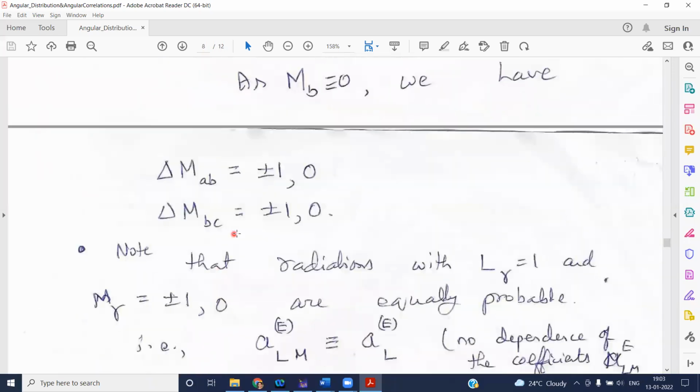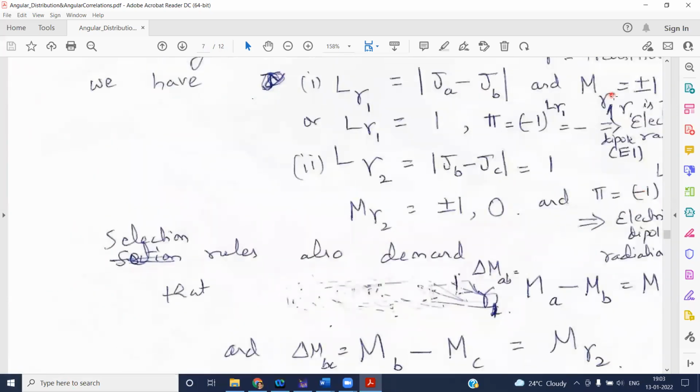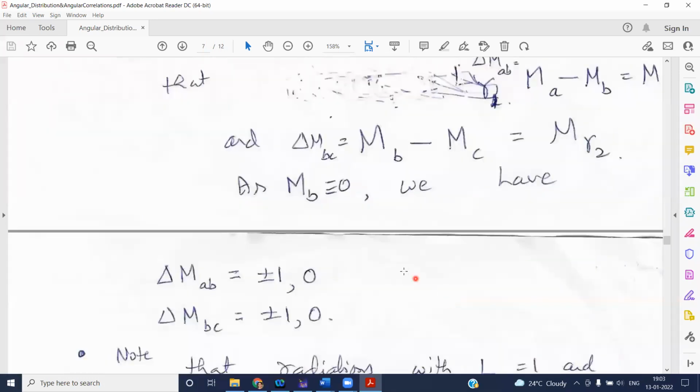So MBC is also plus or minus 1, 0. If you get confused, go back and check what the M gamma values are in this particular transition. It's only algebra, add and subtract. I want you to tell me the allowed values of delta MAB and delta MBC, that means MA minus MB and MB minus MC. It is always given by plus or minus 1 and 0.